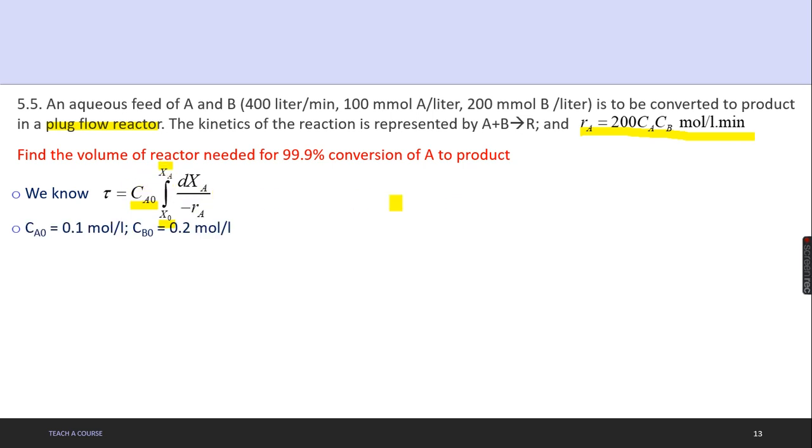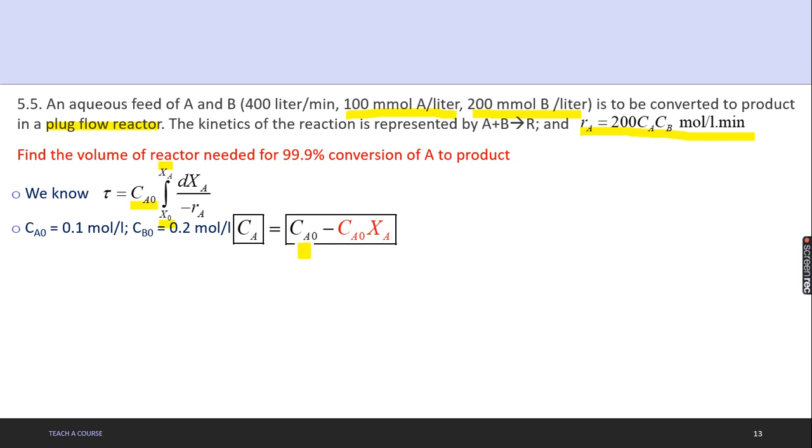So let's see what we are going to do. The initial concentration is 0.1 mole per liter, because 100 millimolar of A is given, and B is 200 millimole per liter. So we are writing the Ca0 and Cb0 values. Now at any time we can write Ca equal to Ca0 minus Ca0 Xa.